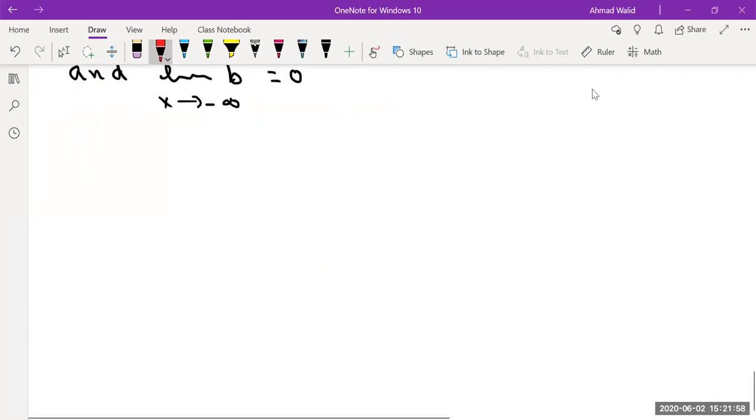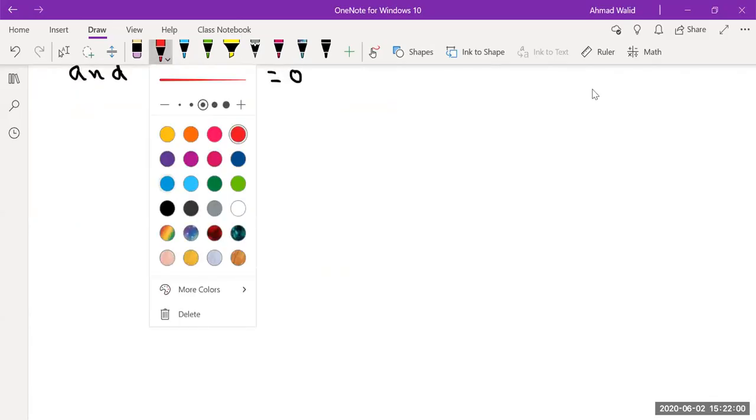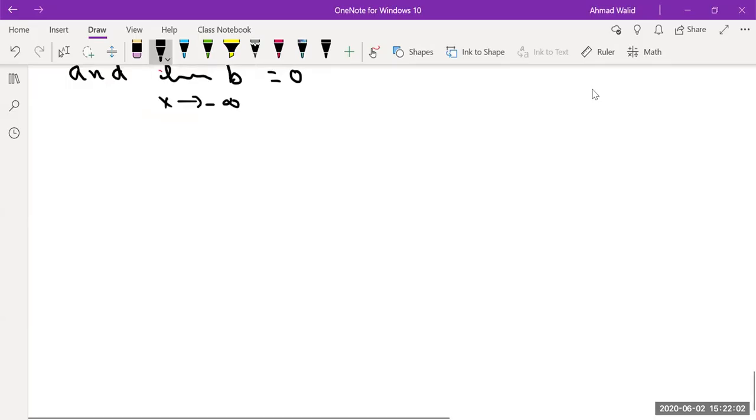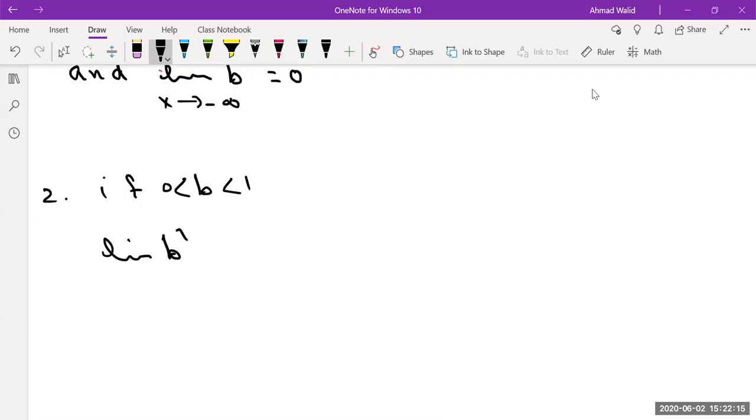Number 2. If b is greater than 0 and less than 1, then the limit of b to the power of x, please, this is my notation for limit. I cannot write LIM for some reason, I don't know why.